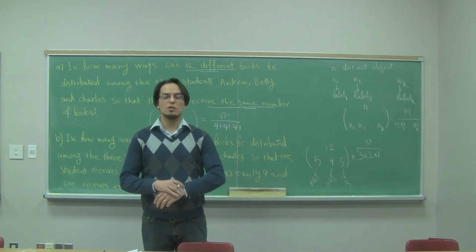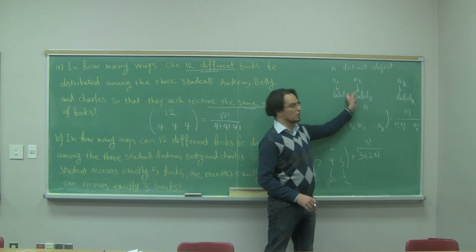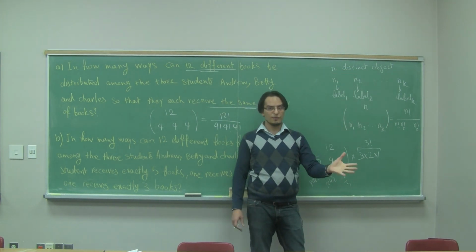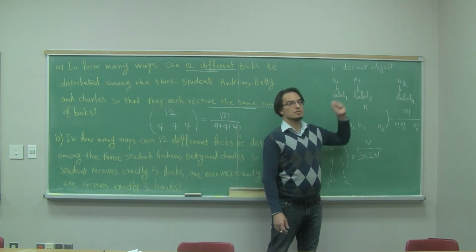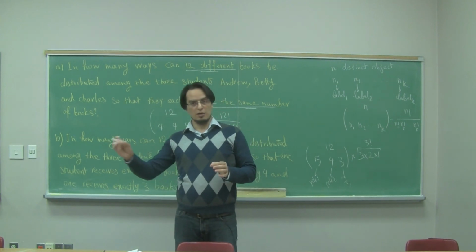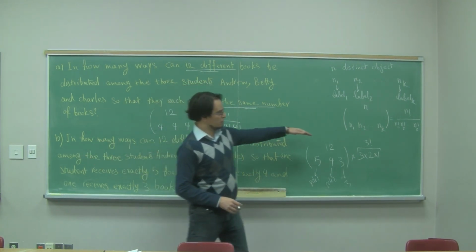Again, note that you always have to be careful. All these conditions should be there when you're using labeling. Objects are different, labels are different, and the number of objects for each label is given, and they add to n. Then you can use this formula.